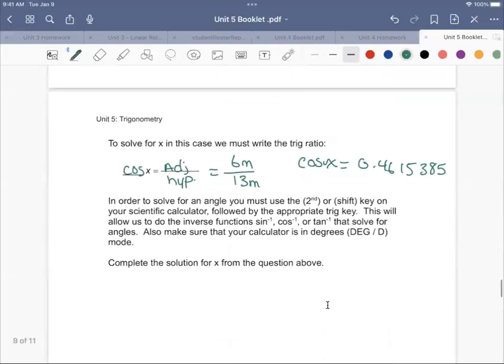In order to solve for this angle, you are going to use the second or shift button of your calculator, and then hit cos. You'll see that it comes up with a symbol that says cos minus 1. If you were to do it for sine, you'd get sine minus 1, and tan would be tan minus 1.